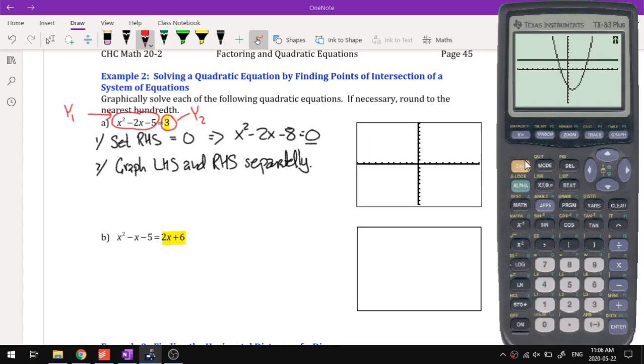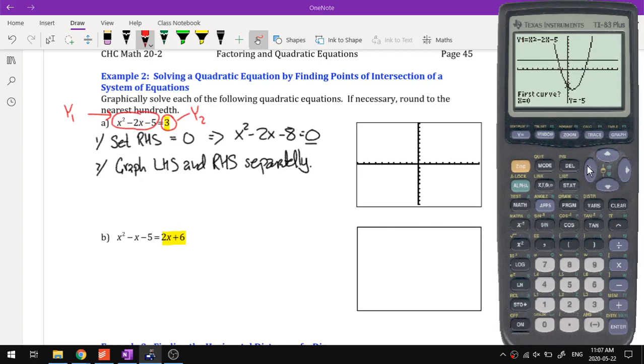We go to second, trace, and choose option 5, intersect. Just like in the previous example where we were finding the x-intercepts, we need to do this twice, once for each intersection point.